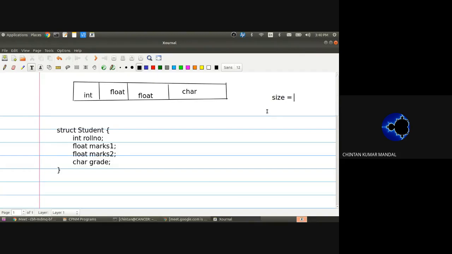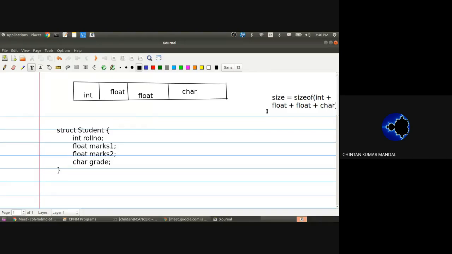What will be the total size of this structure? It is size of int plus size of float plus float plus char.